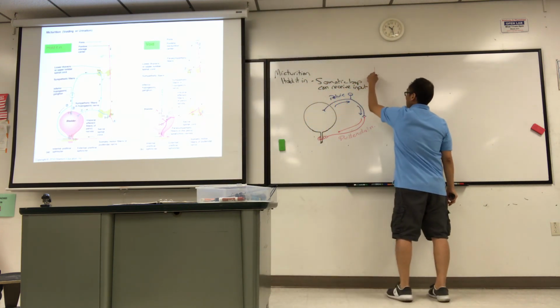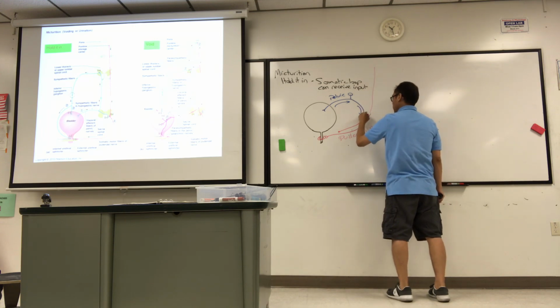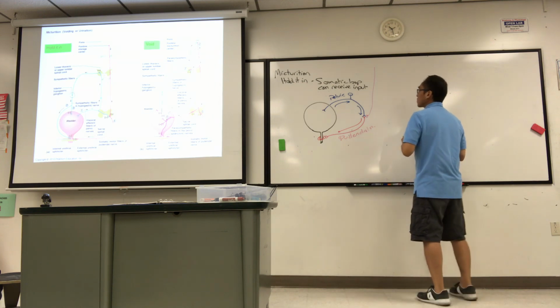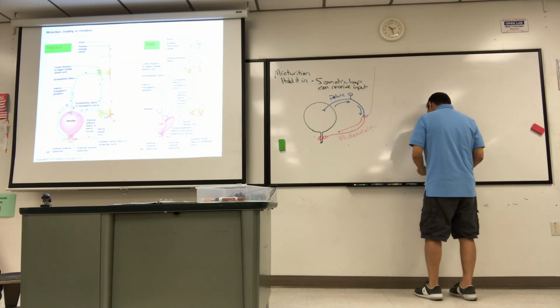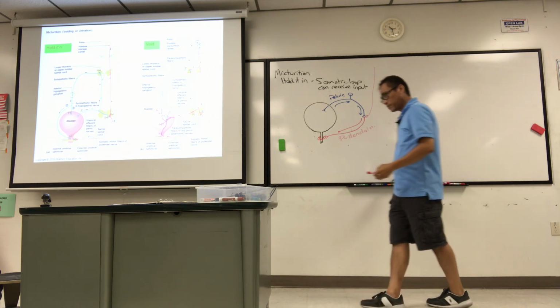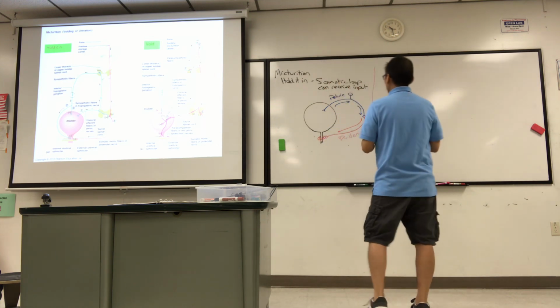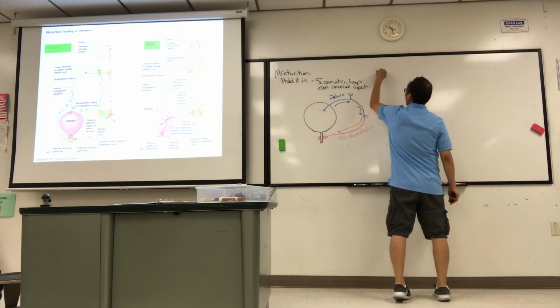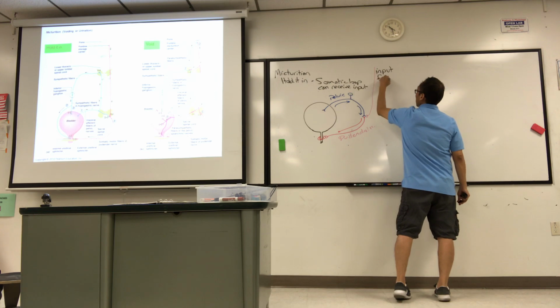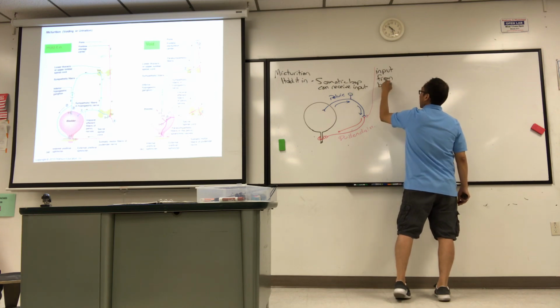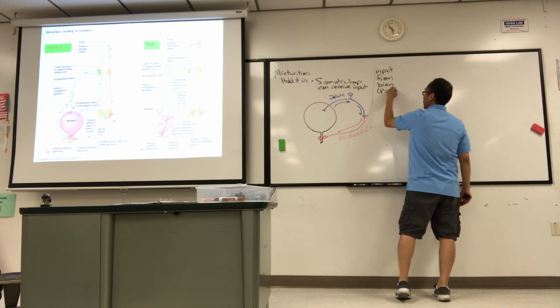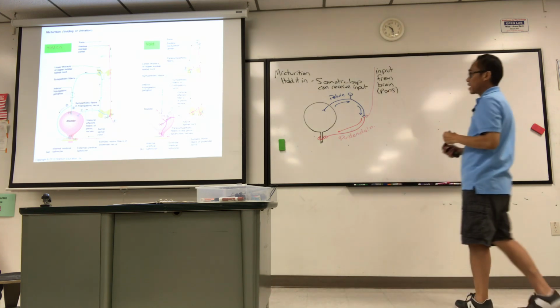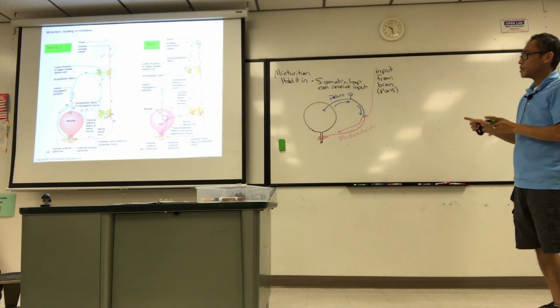So I'll draw an input coming from the brain. And I'll just say that, input from the brain. Resisting the urge to go. Really, it's the pons. That's what it says in the top of the video. So that's kind of what you see there.